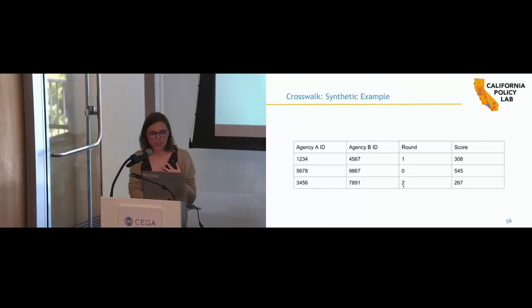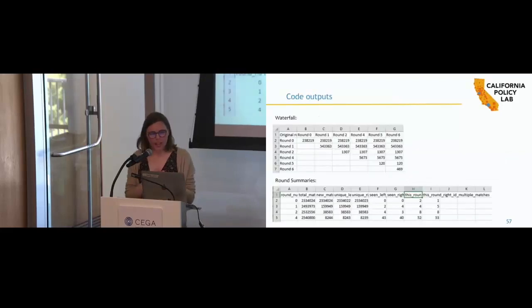You'll see the mapping of the agency IDs that you think are the same, and also which round they matched on, as well as the corresponding score. And you can see in the waterfall how it starts with the strictest round, and then gradually over time the number of additional matches that we're getting at each step is going down.